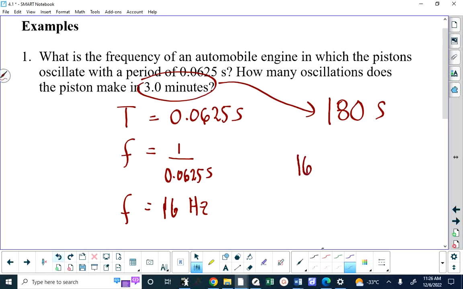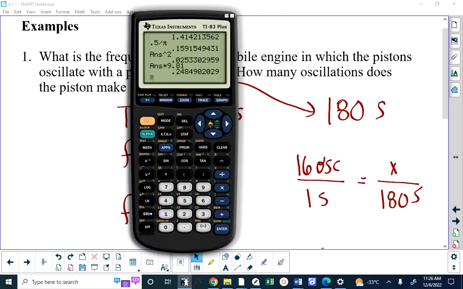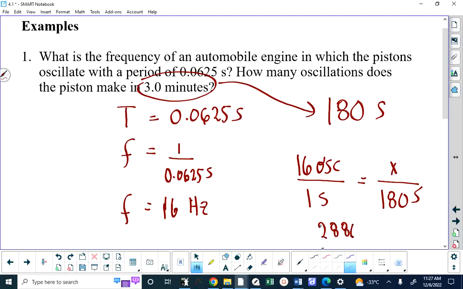It's 16 oscillations or piston rotations per 1 second, x over 180 seconds. We're just going to go 16 times 180. So about 2,880 oscillations. Any questions with number 1?